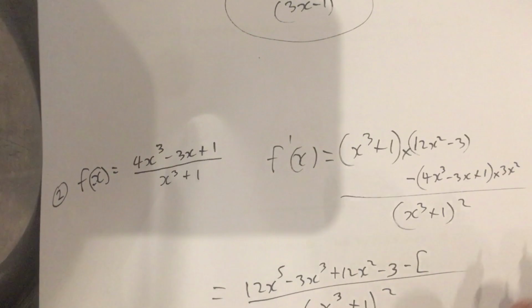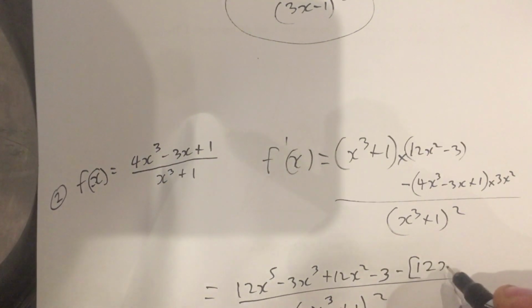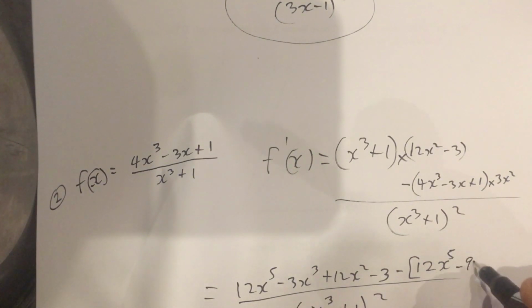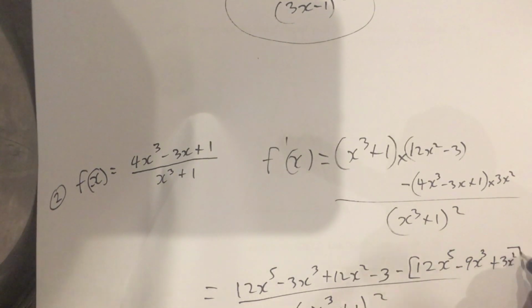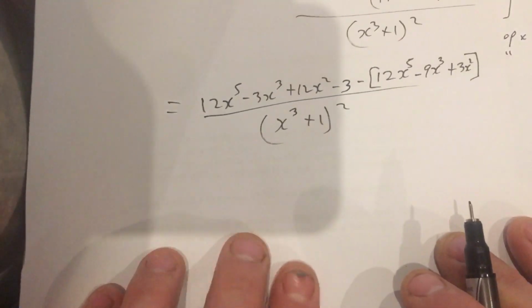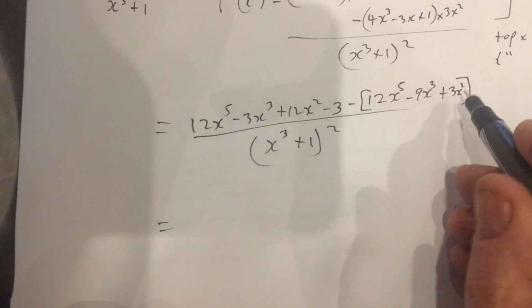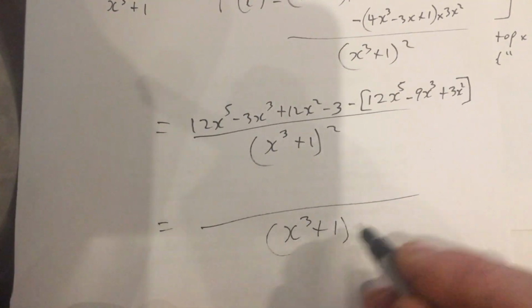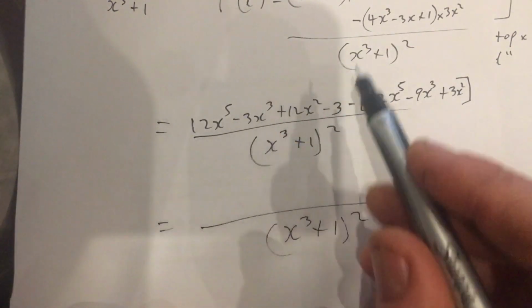I'm going to get 12x to the power of 5 minus 9x cubed plus 3x squared. And then I'm going to put the minus through all of these, or if you're happy doing one go, which I'll do here just to speed it up, I'm going to go 12x to the power 5 minus 12x to the power 5, so that's nice, gone.